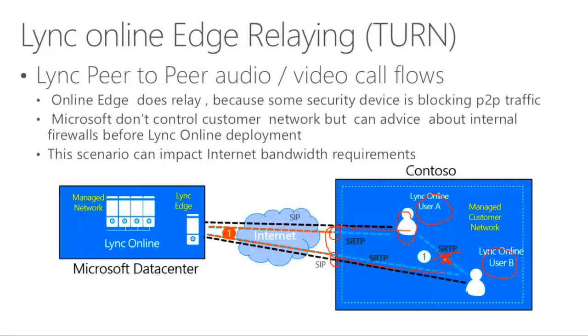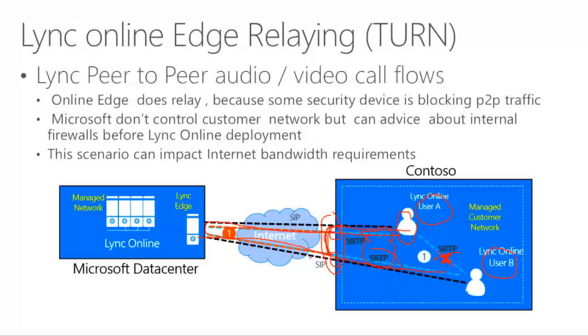I'm going to use my internal MPLS network and send the traffic through the MPLS, which probably is not necessary at that point. So the third option is, well, I'm also blocking this connection. And then I have to go to the edge servers, which are the TURN candidates, relay that traffic back to the user, and then I'm going to increase the bandwidth here.